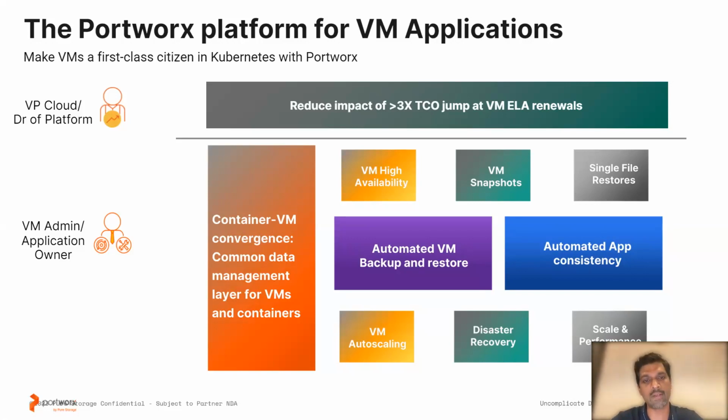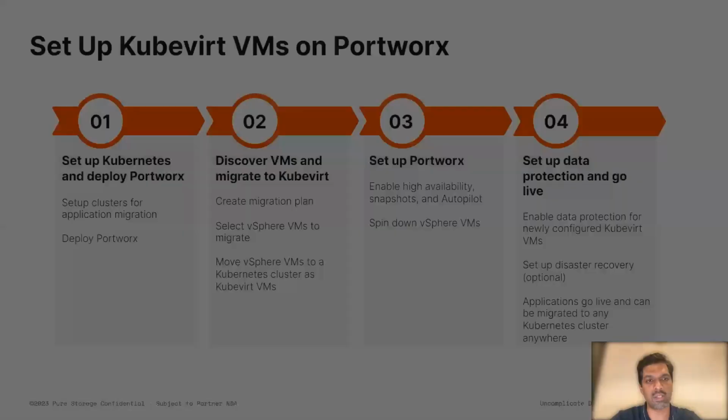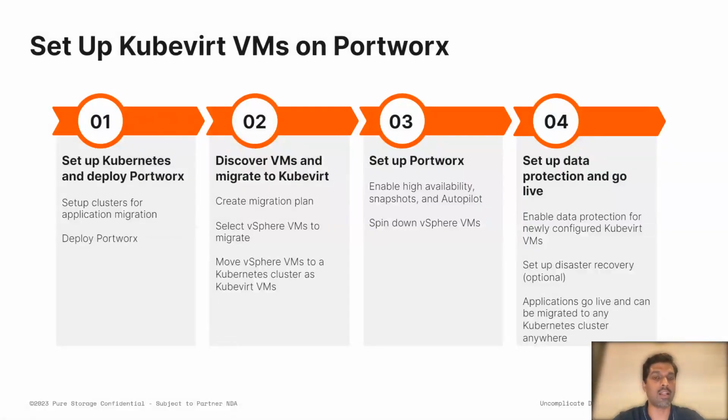So how do you get started? It's as simple as setting up your Kubernetes cluster, your first Kubernetes cluster if you're new to it, and deploying Portworx on it. Then Prashant talked about and actually demonstrated one of the migration tools that Red Hat offers. There are other CNCF tools as well.